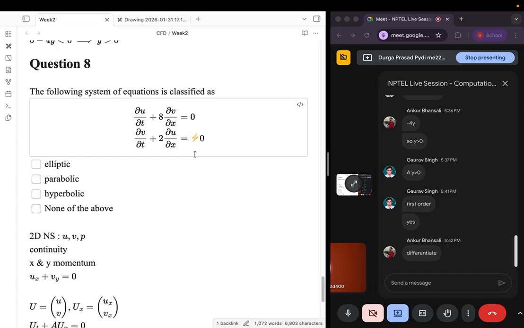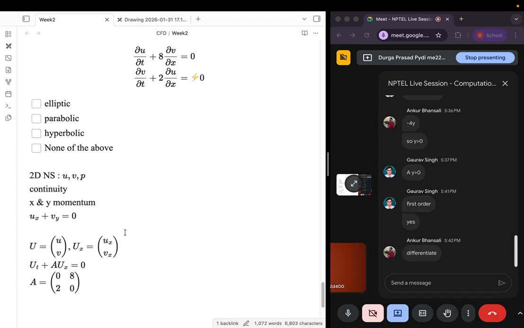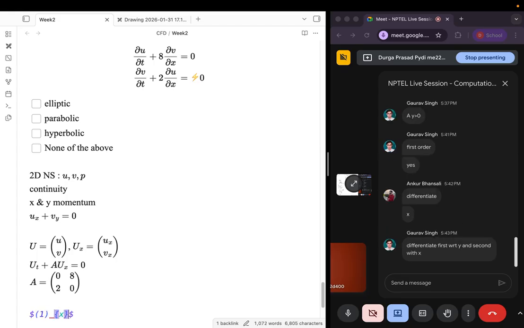Any kind of operation that I can do, differentiate, and if you were to differentiate, how would that be? Differentiate the first equation with respect to x. Let's say differentiate first with respect to y and second with respect to x, and then do addition or subtraction.